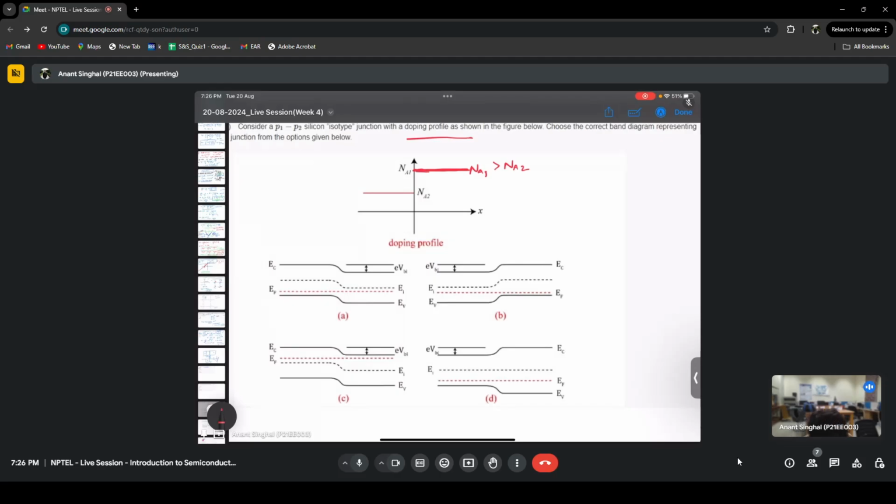So you can see for option A, the Fermi level is closer to the valence band on this side as compared to this side. So what does it imply? That we will have a higher Na at this side as compared to this side, right? Do you understand this? Please respond if you are able to understand this.